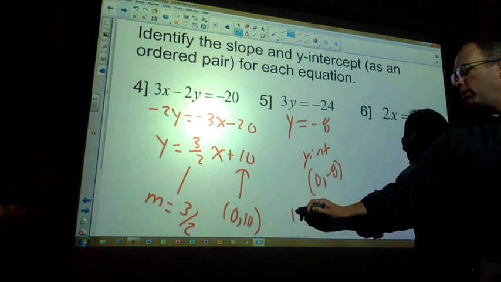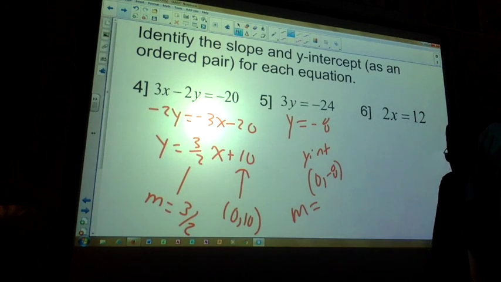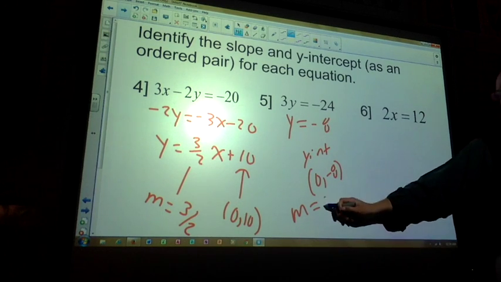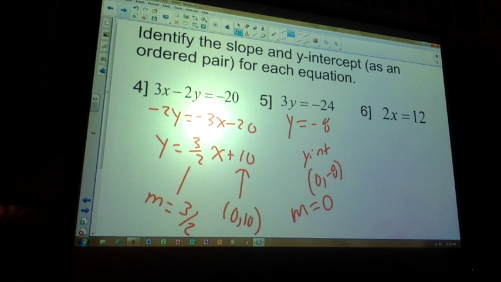What is my slope? What's missing? 0 is our slope because our x value is gone, right? If that was x equals a number, oh wait, here's one. I get x is equal to 6. Y-intercept? This is a vertical line going through 6. Y-intercept? Does not exist, DNE, right?